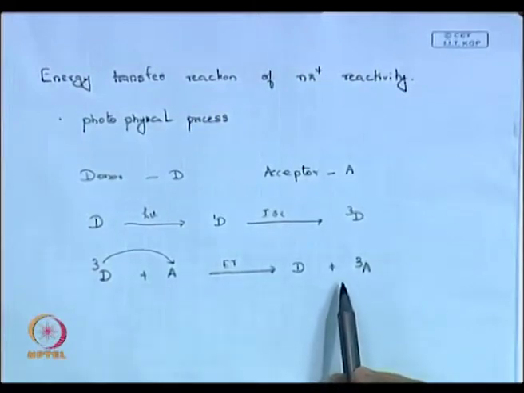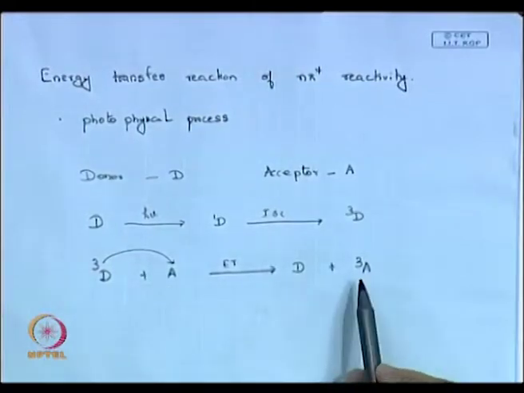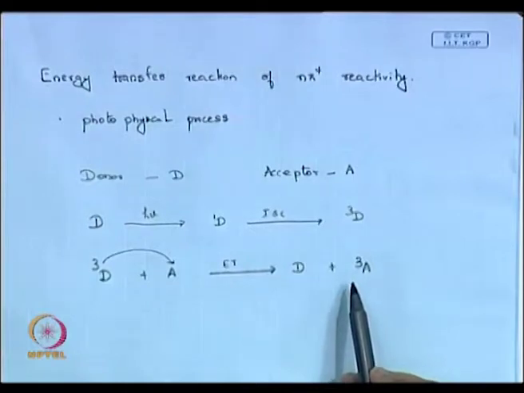After the reaction, it becomes a ground state donor and an excited state acceptor. Basically, I have not shined any light on my acceptor molecule, just I have shined light on my donor molecule. Donor goes to the triplet state and then transfers its energy to the acceptor molecule, fine. So, this process we call as energy transfer reaction.